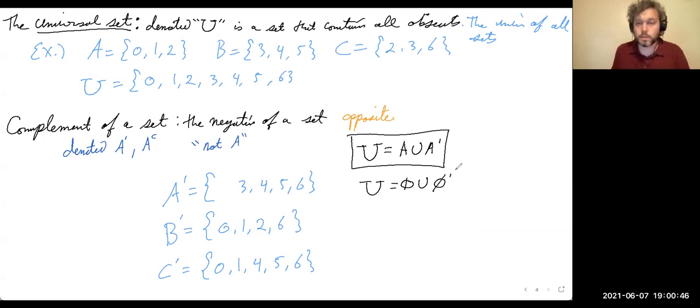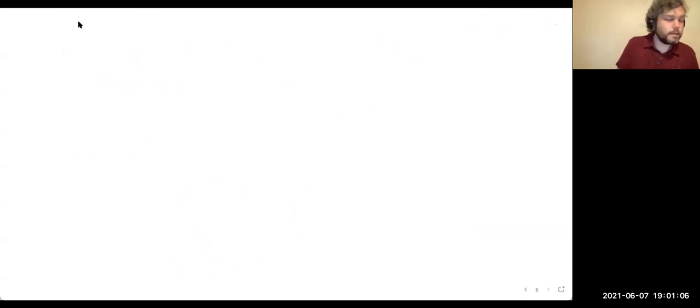So that works for all sets, okay? So I thought I might mention that. Sometimes that shows up in the trickier problems, okay? All right. So that's complements. We're gonna deal with complements a lot. It might not feel very complimentary, but that is how we define them in finite class.